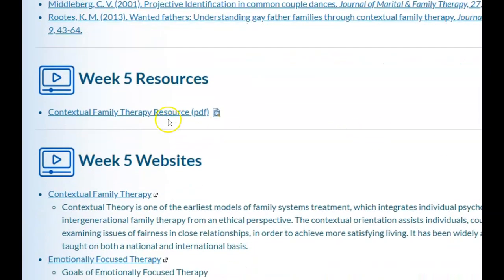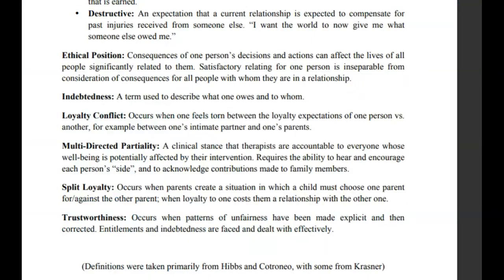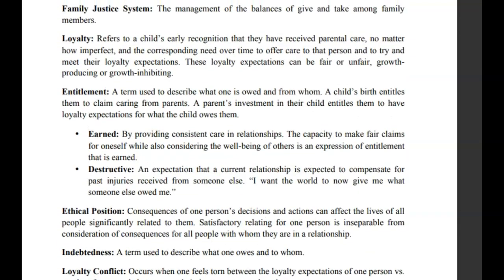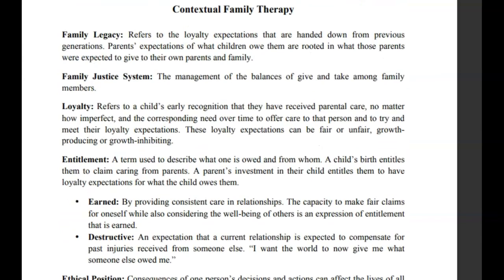So there is a resource on contextual family therapy. It's a PDF. So you have a handout that will help you in your family theory grid that you have 2 columns to complete this week.